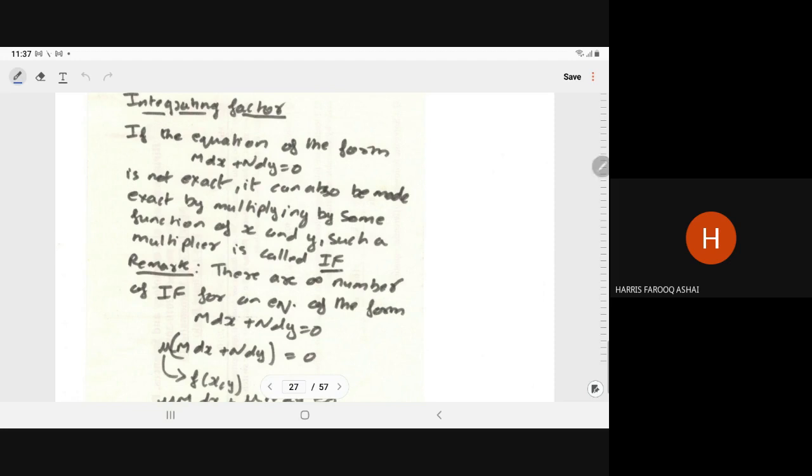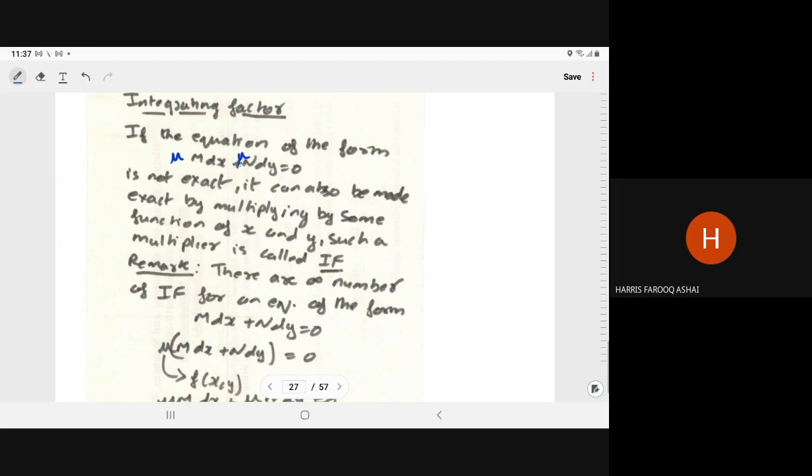Such a multiplier is known as the integrating factor.